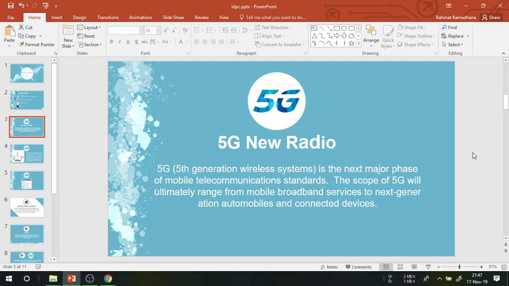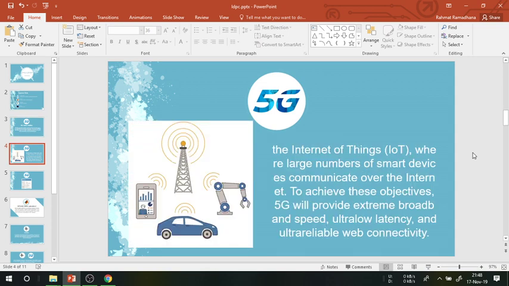The scope of 5G will ultimately range from mobile broadband service to next-generation automobiles and connected devices, the Internet of Things or IoT, where large numbers of smart devices communicate over the Internet. To achieve this objective, 5G will provide extreme broadband speed, ultra-low latency, and ultra-reliable web connectivity.